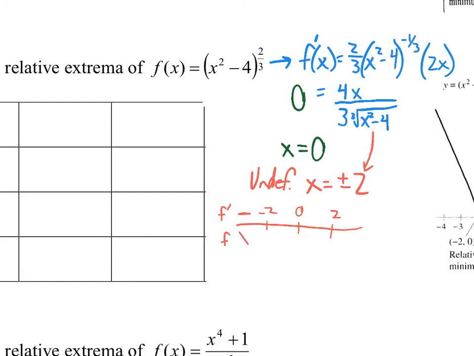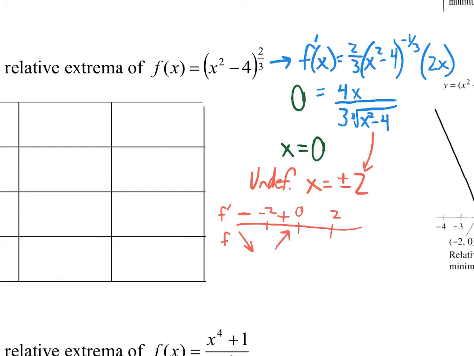So my function I know is decreasing to here. Then I plug in, say, a -1. Well, numerator is going to be negative, but on the bottom I have the cube root of 1 minus 4. So that's a cube root of a negative, which is negative. Negative divided by negative is positive.